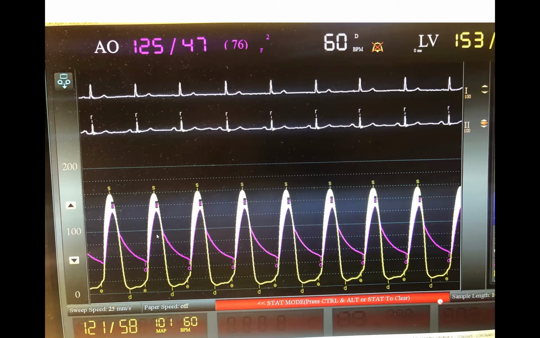So the line connecting the ventricle may be longer than the line connecting the aorta, or vice versa. Also, the line may be stiffer. The tubing that you're using may be different and stiffer. And that tubing, depending on its length and stiffness, and the presence of air bubble or clot or blood, all those can create different damping between the LV and aorta.